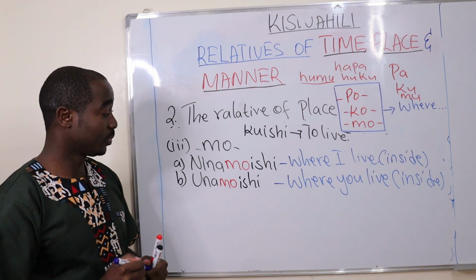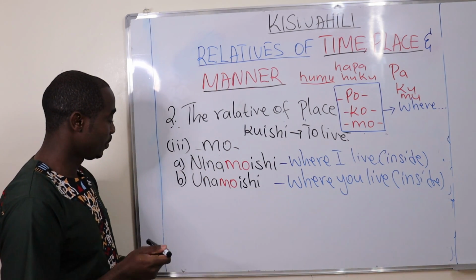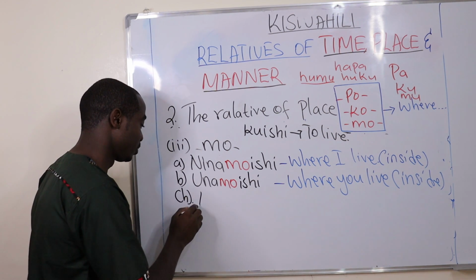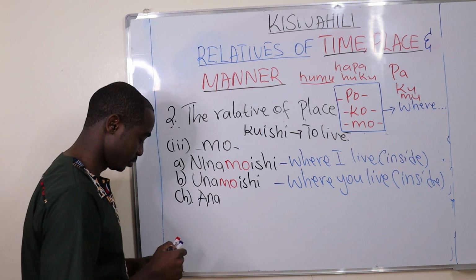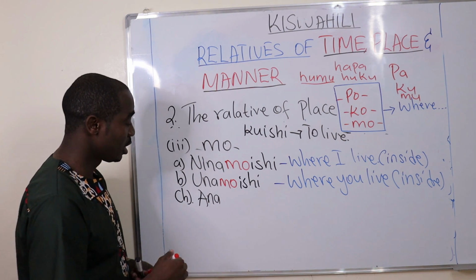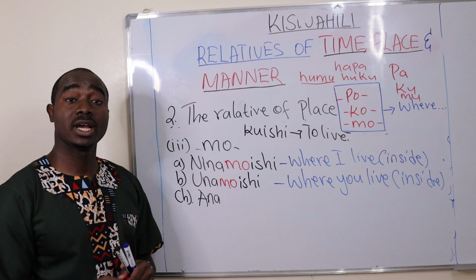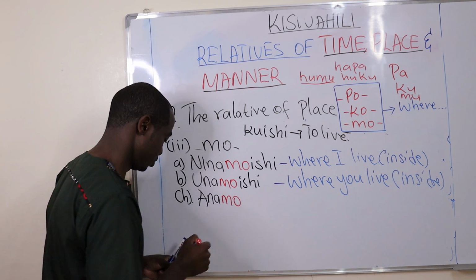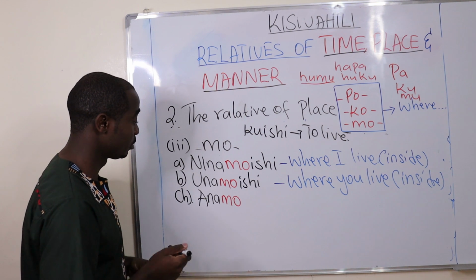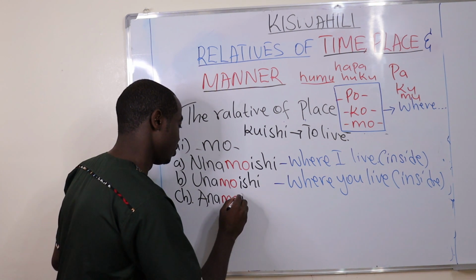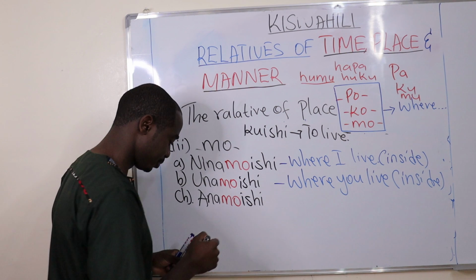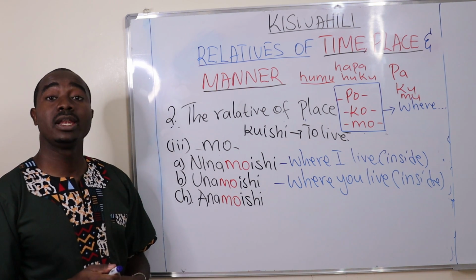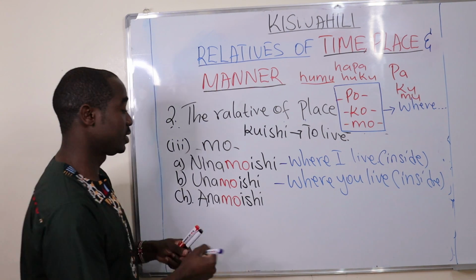Where you live. Ba, cha here. Anamoishi. Anamoishi. Where he or she lives, inside. This is inside location.